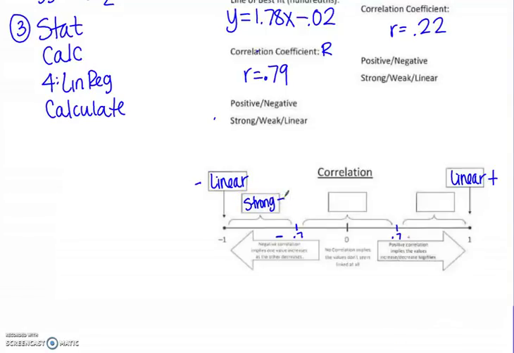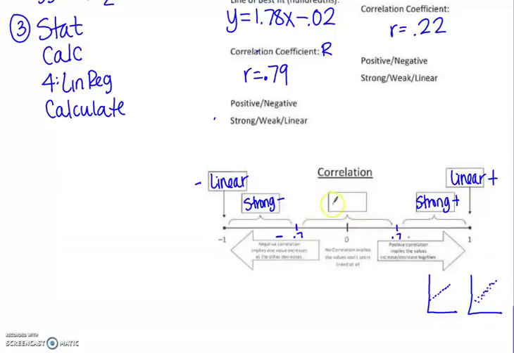What we mean by that is it's a good prediction. The dots are pretty close together. And this would be a strong positive. Here's what I mean by that. This is a perfectly straight line, right? A strong positive might be going up, but those dots are pretty close together.